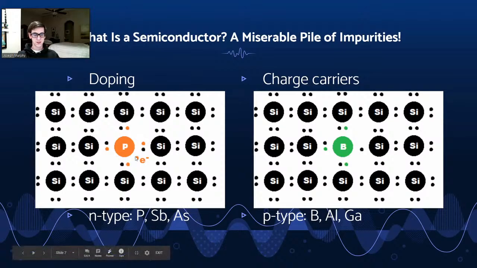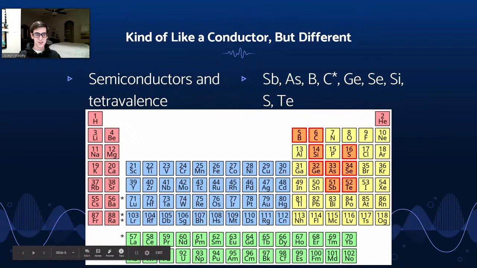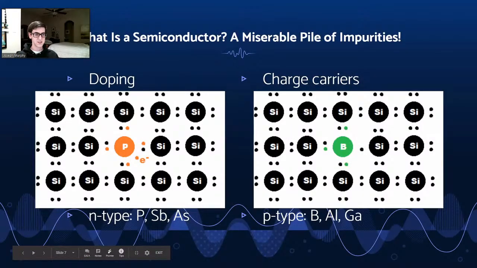2 examples here. On the left, we have introduced a phosphorus atom, which, going back to the periodic table, if you don't have yours memorized, phosphorus has 5 valence electrons. It's pentavalent rather than tetravalent.